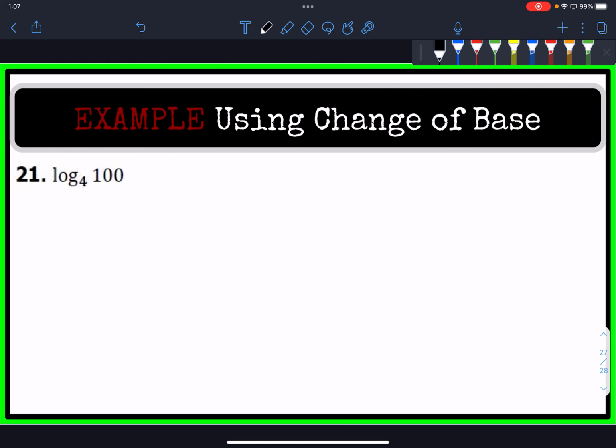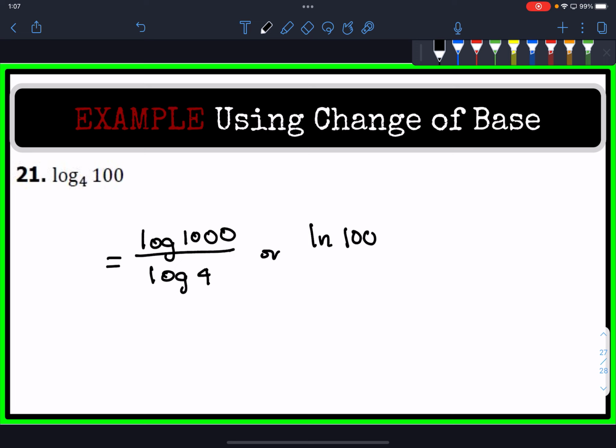And for this one, we can use again either the common log of 100 divided by the common log of 4, or the natural log of 100 divided by the natural log of 4.